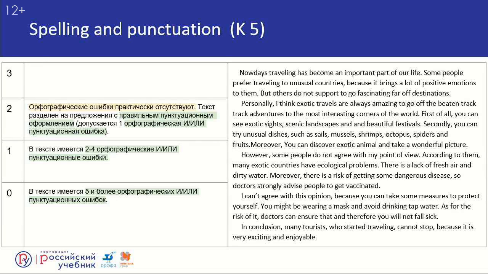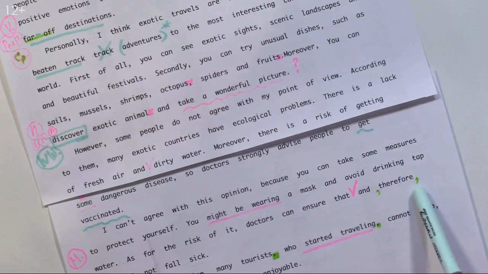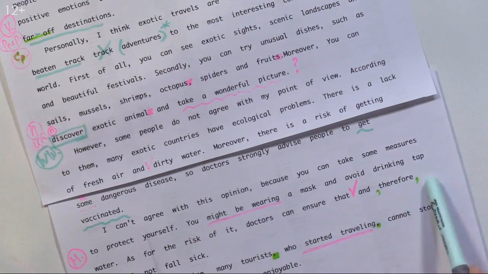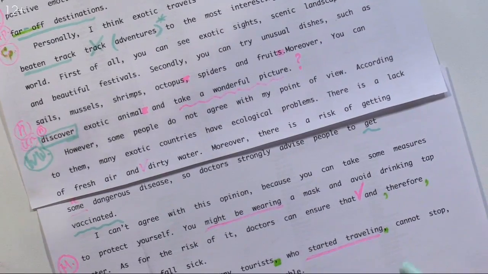And as for spelling and punctuation, we can see that there are 2 spelling mistakes. Therefore, if we have a look at our marked piece of writing, this is 1 mistake, 1 punctuation inaccuracy. This word should be written with 2 commas on both sides, so it's 1 mistake.